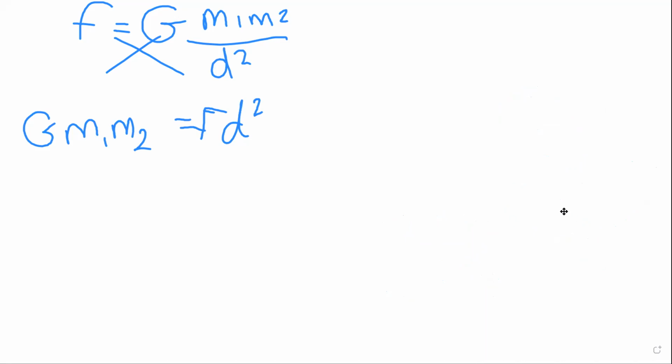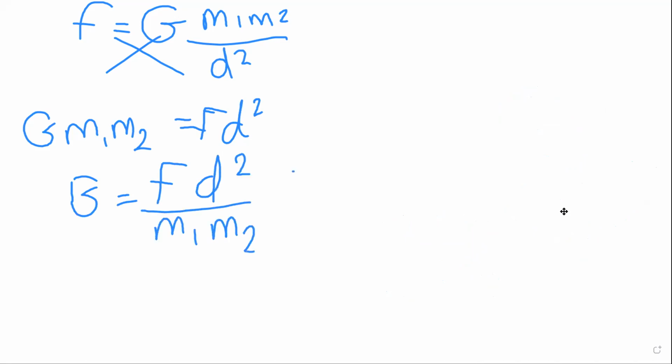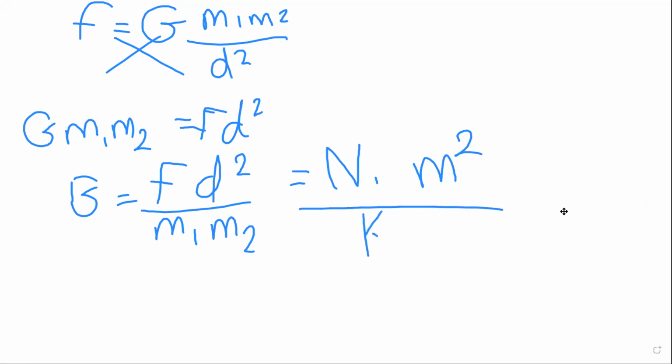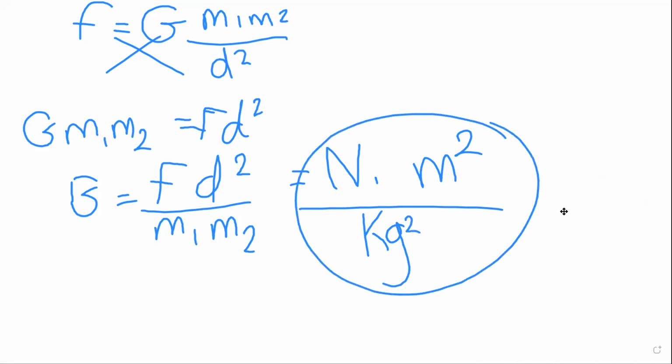Now let's find the unit of G. G will be force times distance squared over m1 times m2. The force is Newton. Distance is meter, and distance squared will be meter squared. Mass 1 times mass 2 means kilogram squared. So the unit of G will be Newton meter squared over kilogram squared.